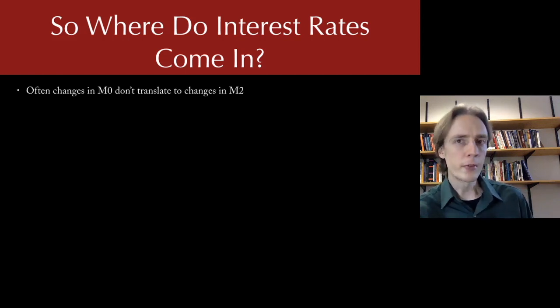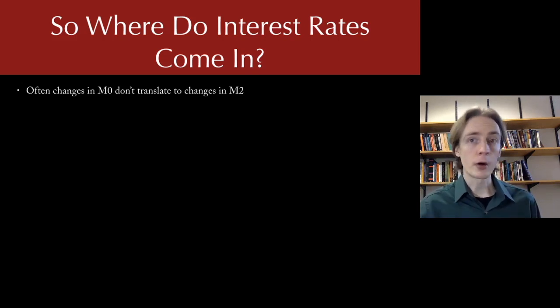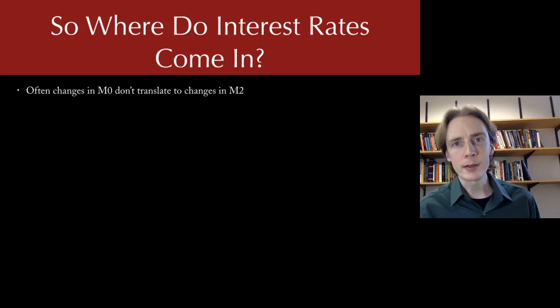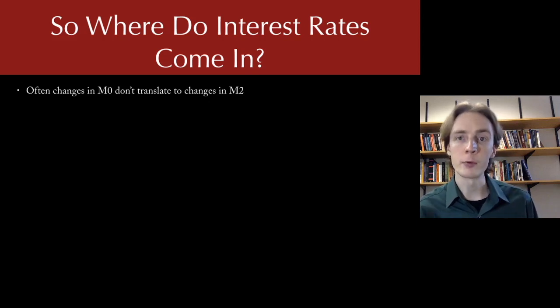So where do interest rates come in? The most important thing for the central bank is going to be the quantity of broad money, because that's what you or I are going to think of when we're making our plans for our spending decisions. But the central bank doesn't have direct control over M2.